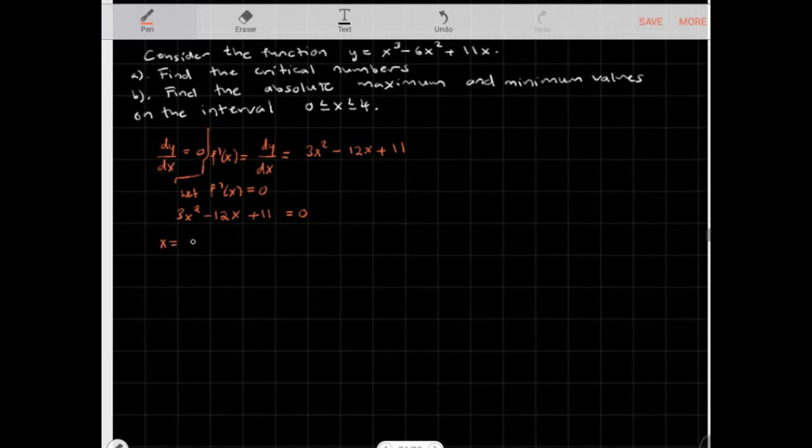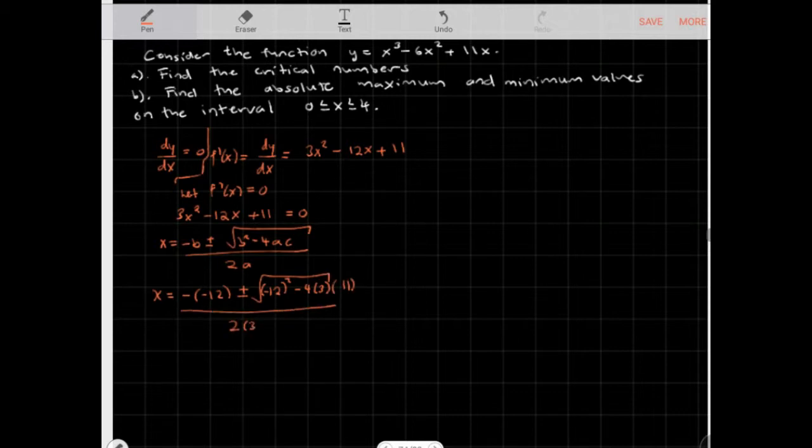So the quadratic formula is x is equal to negative b plus or minus the square root of b squared minus 4ac, over 2a. Okay, so if I plug this in, negative b here is negative 12, plus or minus the square root of negative 12 squared minus 4 times 3 times 11, over 2 times 3.